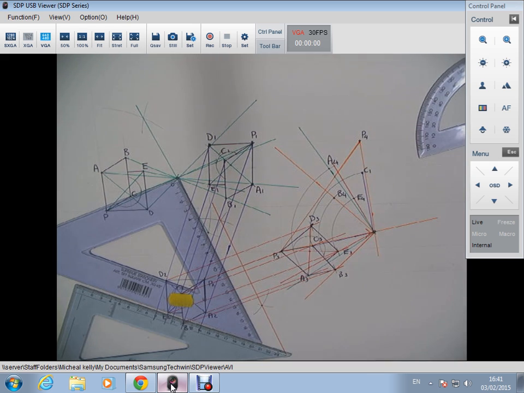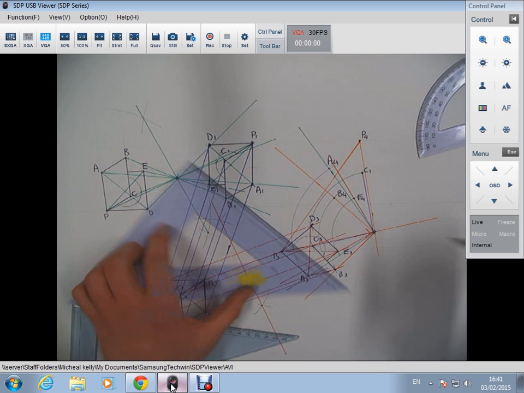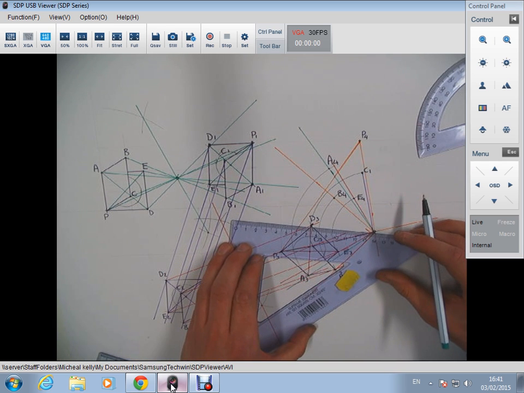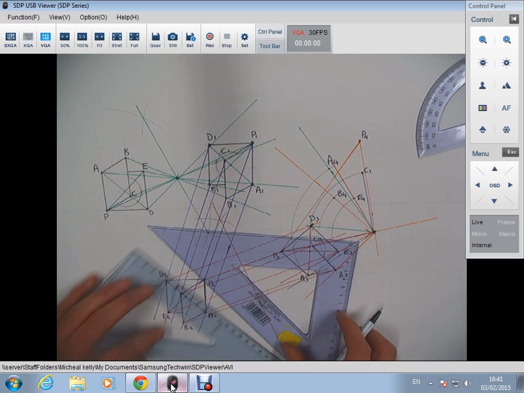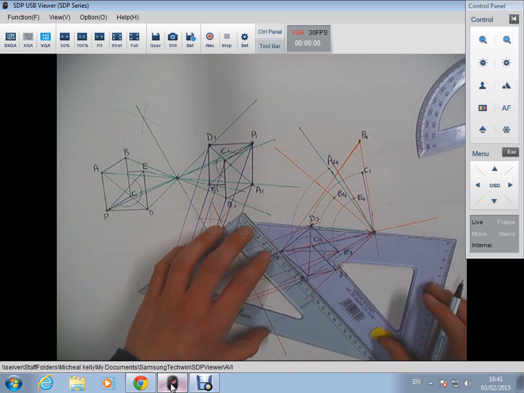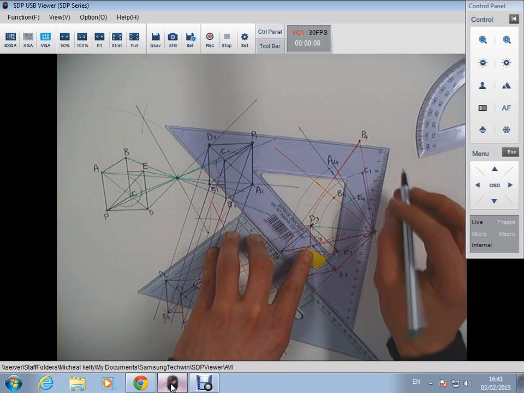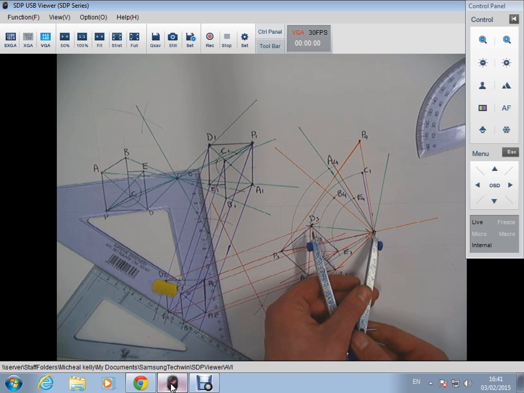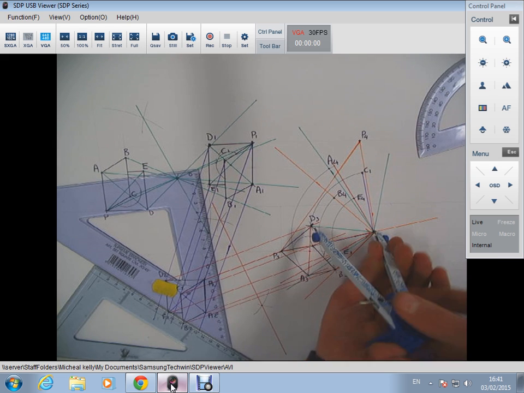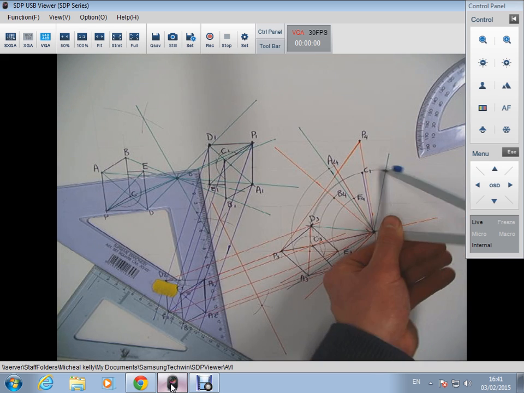And finally point D, again in green pen, join point D to the point of rotation, an angle of 90 degrees in relation to D. And from your point of rotation, put the point of the compass down and swing the distance D onto that line.